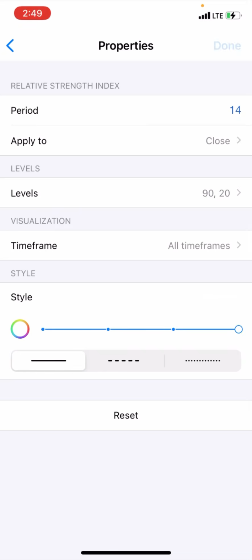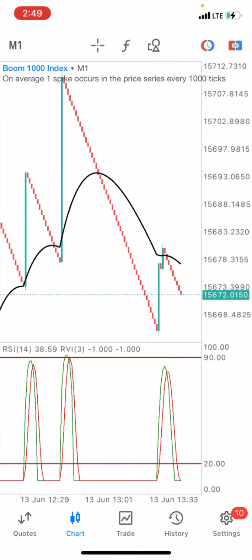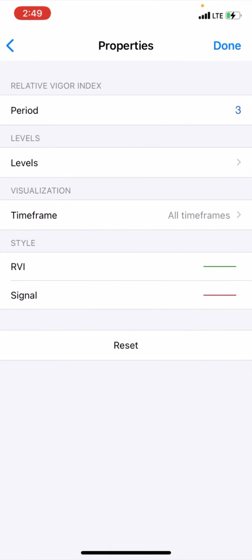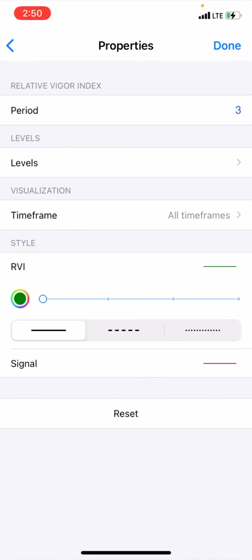Click done when you're done with that, and we move on to add the next indicator, which is the relative vigor index. All right, period 3 is okay. You don't need visualizations. You don't need levels. Visualization, leave it at all time frames. RVI, make it green, right?